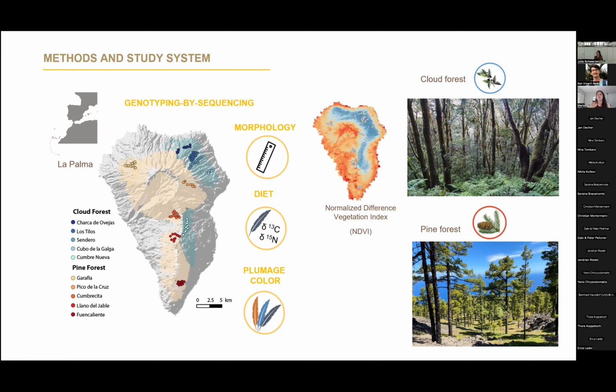Besides that, we also analyzed the environmental variables. Here you can see a map of the normalized difference vegetation index, or NDVI, which represents vegetation greenness. As you can see between both maps, there is a correspondence between the distribution of this environmental variable and the distribution of both habitats within the island.